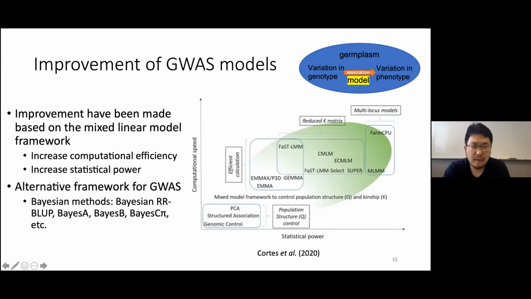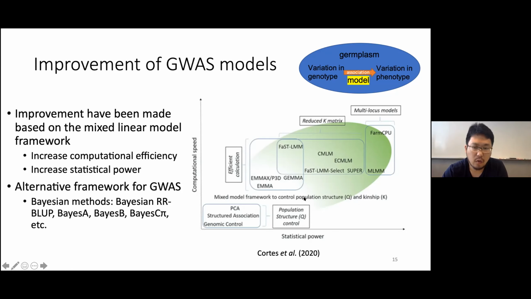Since the invention of this mixed linear model framework in GWAS, there have been a lot of improvements based on this framework. In general, you don't need to know the details of all the models, but people try to increase the computational efficiency by creating computational shortcuts, and also try to increase the statistical power of the mixed linear model framework.